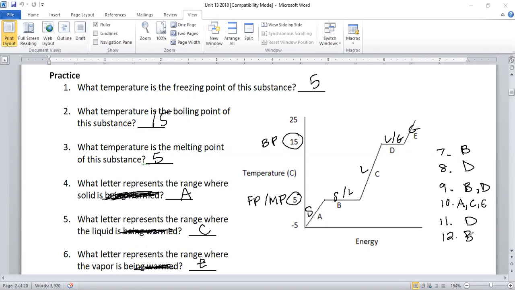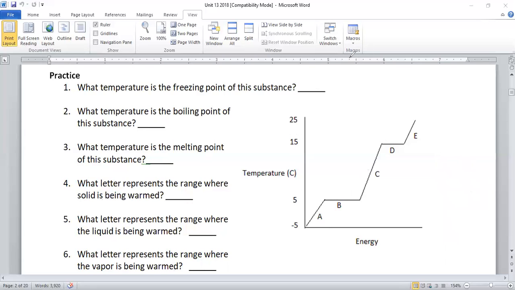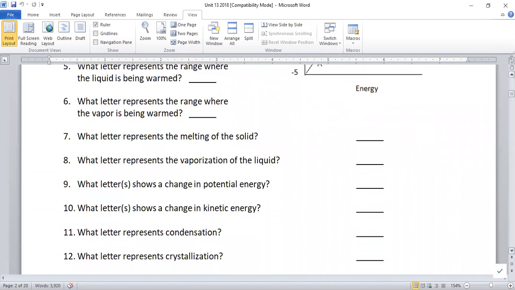Okay, so pause the video again and let's do page 3 together. So I'm going to clear this and scoot this down to page 3. Pause it, and then unpause it after you've completed the practice problems.